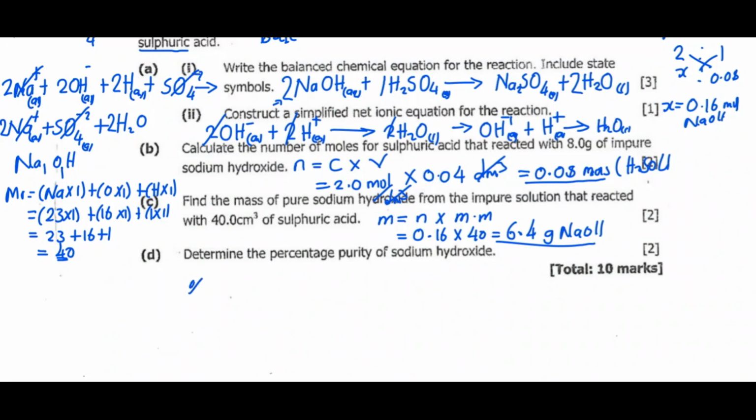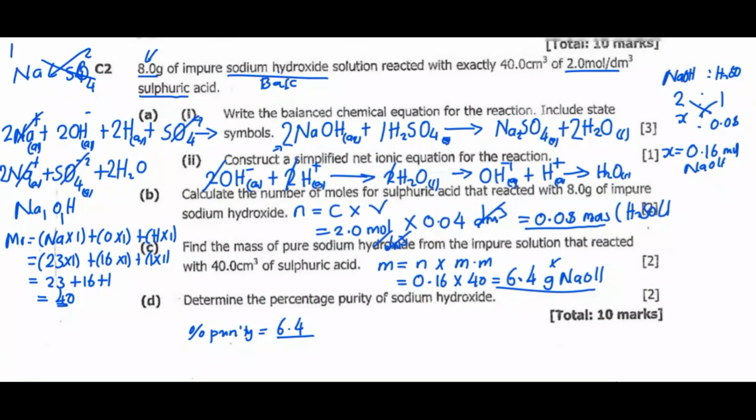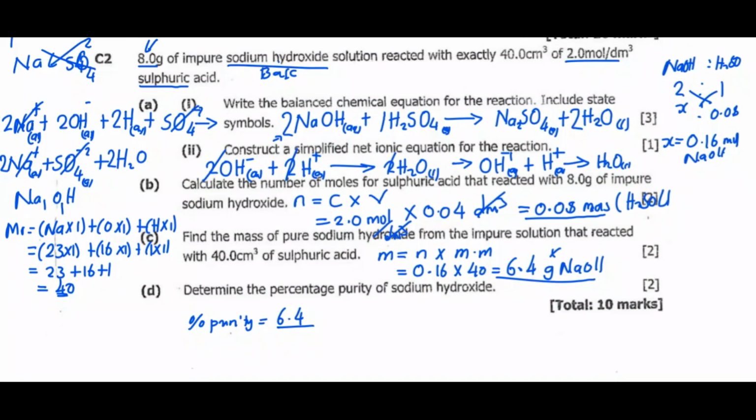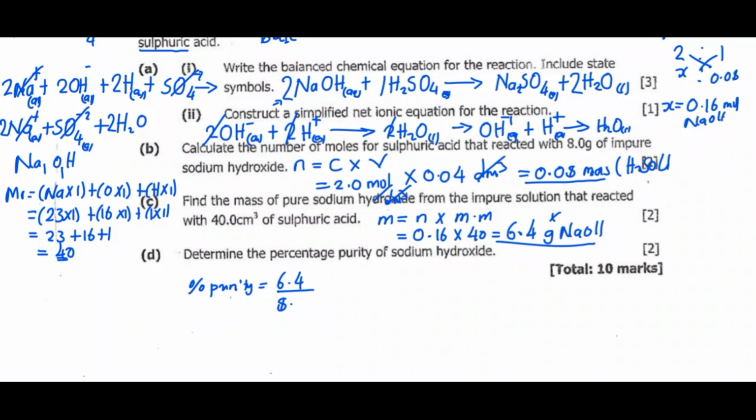So percentage purity is equal to the actual yield, which is the pure, so this is 6.4 over the original mass. What is the original mass? It is 8.0. So 8.0 times 100%.